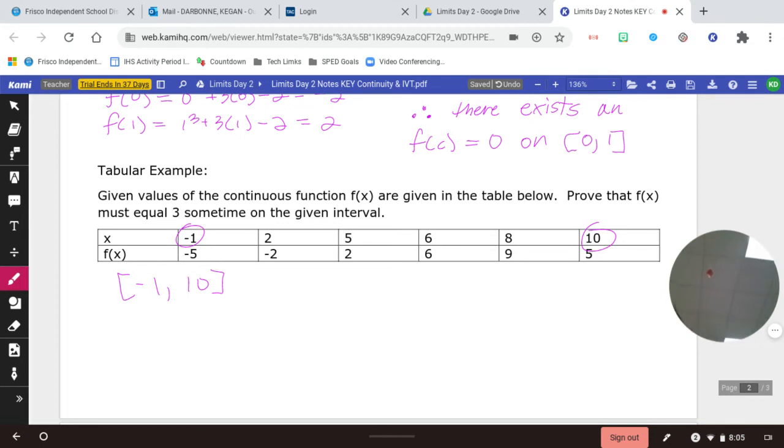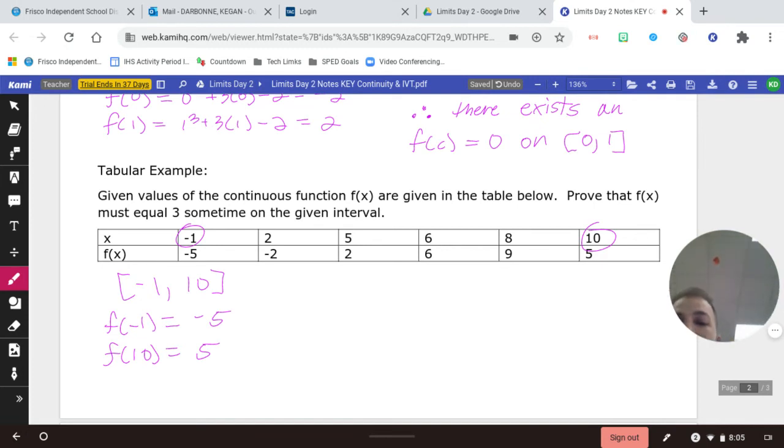So I want to know what f of negative 1 is, which is equal to negative 5. I can just pull it straight from the table. And I want to know what f of 10 is. F of 10 is 5, once again, pulling it straight from the table. And then is 3 in between negative 5 and 5?